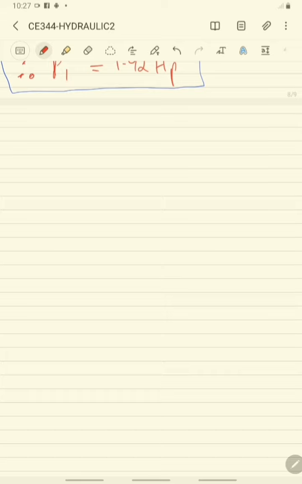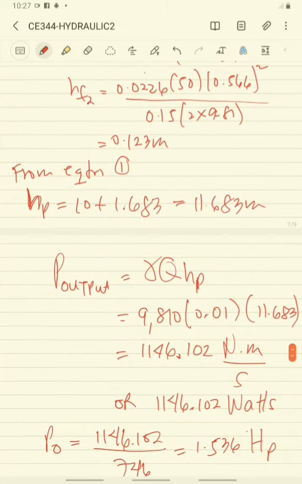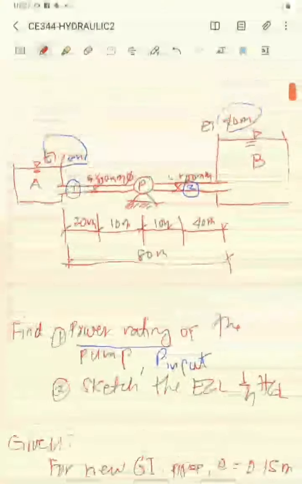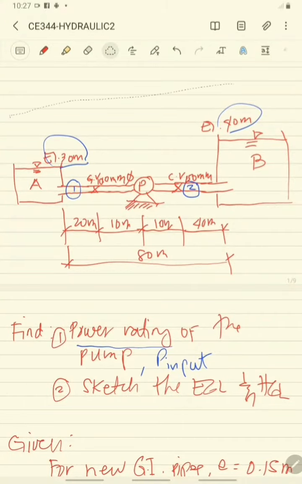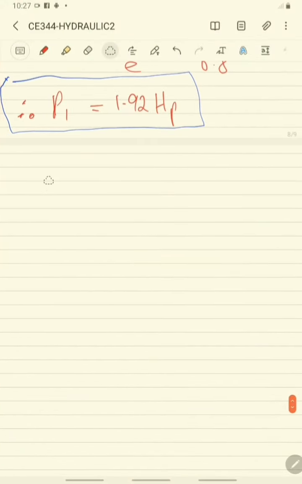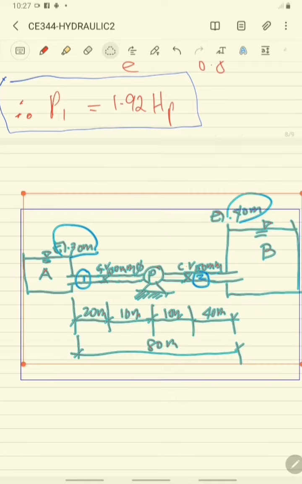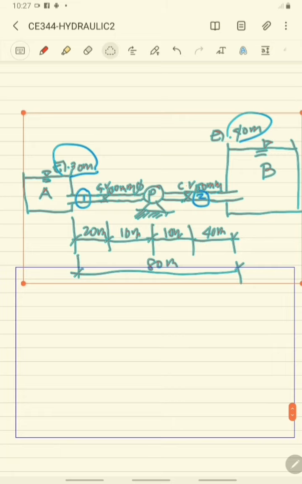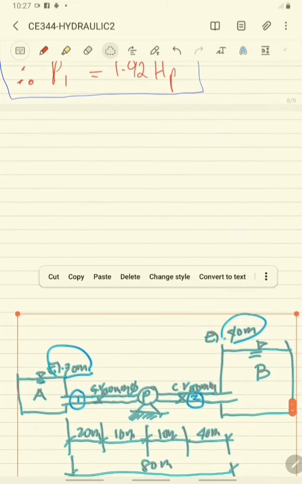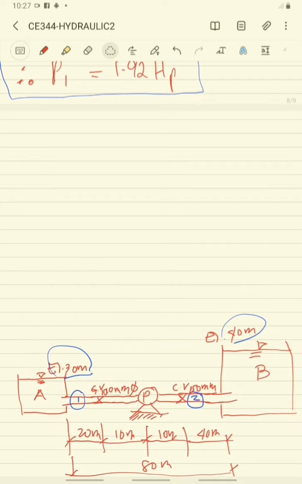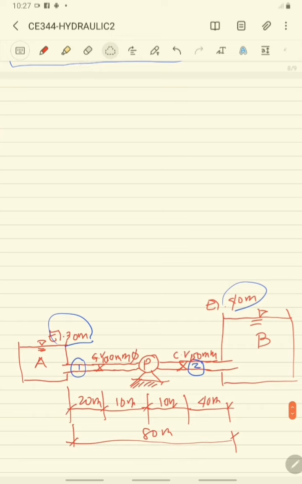Okay, for the sketch of the energy grade line and hydraulic grade line, I have to copy the figure. Okay, so this is the figure.